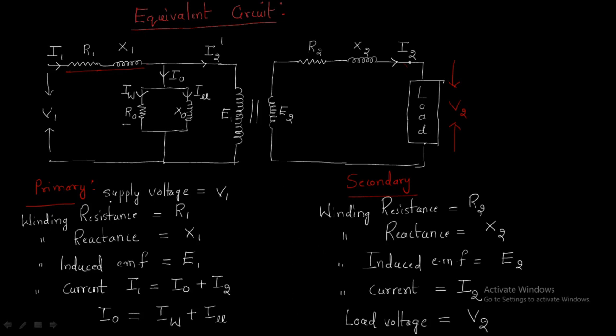Compared to the previous class on transformer characteristics, we have only one difference: it now includes the primary winding resistance and reactance, and the secondary winding resistance as well as reactance.